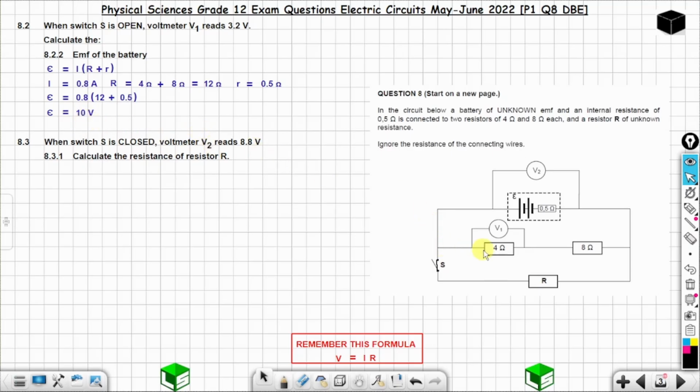Because you have a parallel connection, remember, the voltage across each branch is the same.